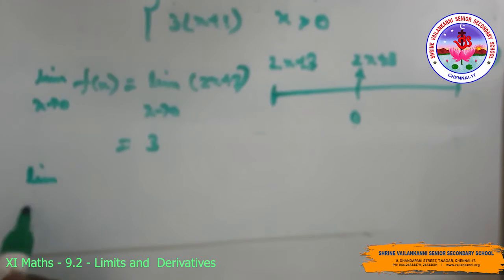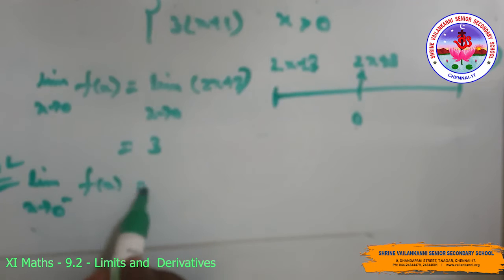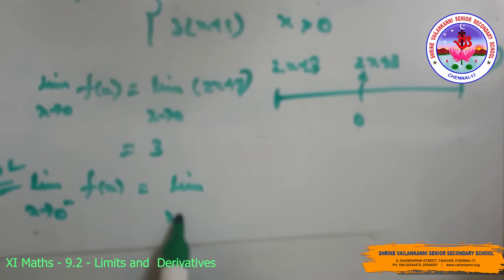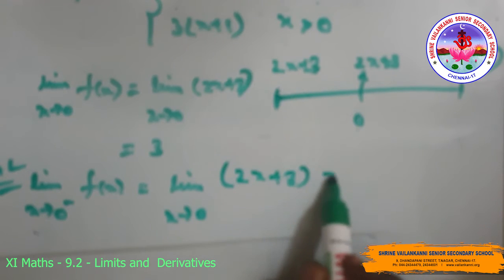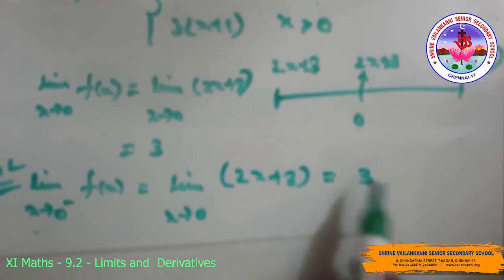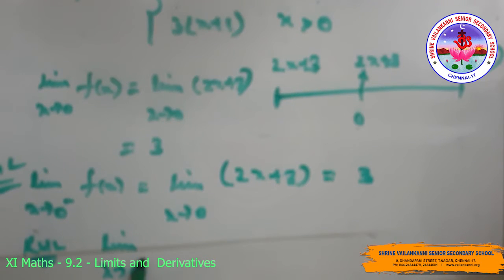So limit x tends to 0 minus, which is the left hand limit, f of x, which is equal to limit x tends to 0, f of x is 2x plus 3. Put x equal to 0, we get 3. Now we have to find right hand limit. Limit x tends to 0 plus.